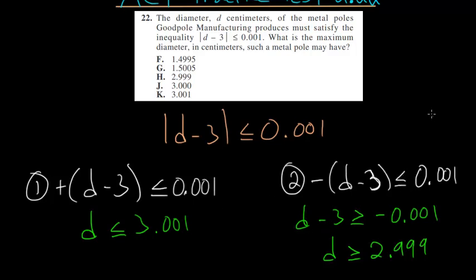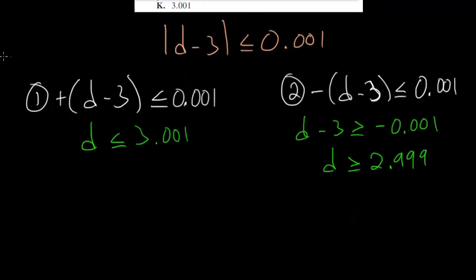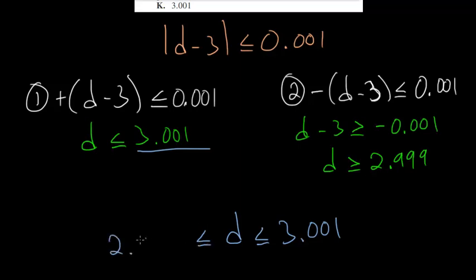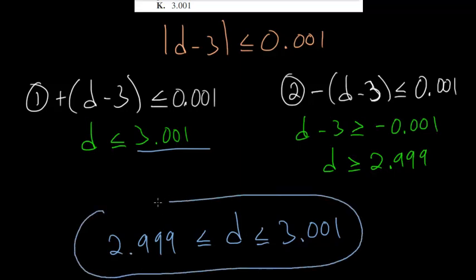We can combine these two statements now: d is less than or equal to 3.001, but it's also bigger than or equal to 2.999. So this is the relationship that we're looking for involving d.